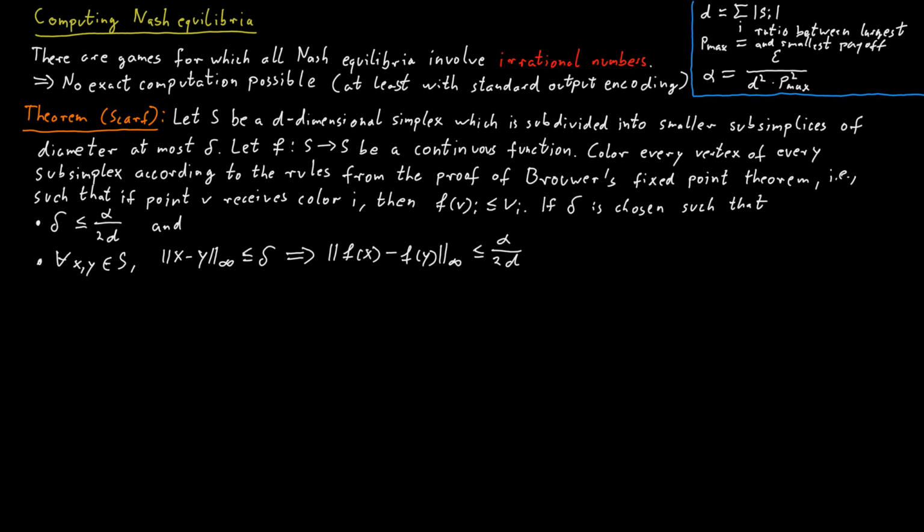So delta is not too large, that's the first condition. And the second condition is just that if two points are sufficiently close together, then their images are also sufficiently close together. You can read the exact constants here. If the two points have a distance of less than delta, then the images should have a distance of less than alpha divided by 2d. Okay, so if those conditions are met, then any point in a fully colored subsimplex is an alpha approximate fixed point of this function f.